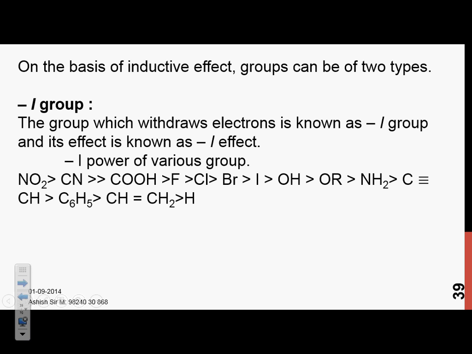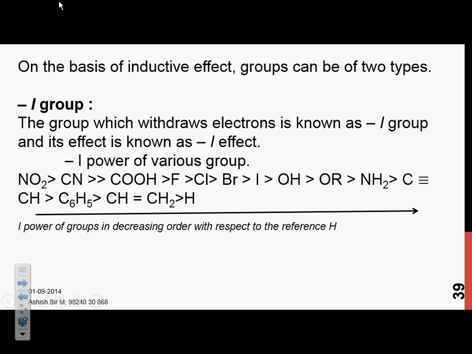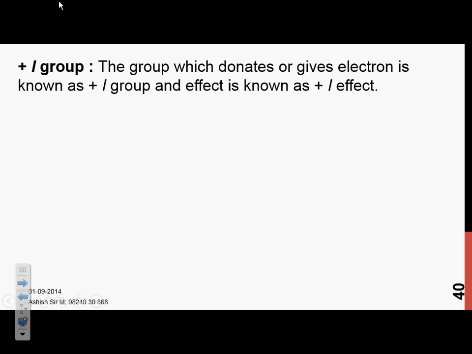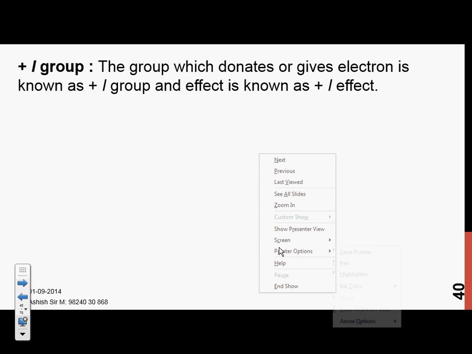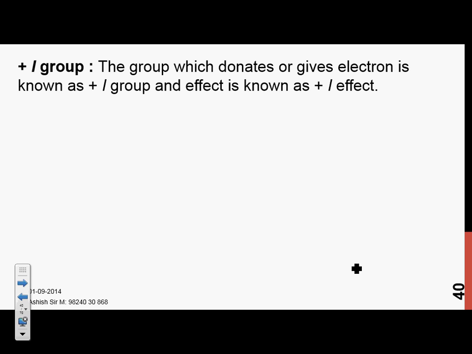Now, here I am talking about the positive inductive effect. In positive inductive effect, as we know, the group which donates or gives electron pair is known as positive group.